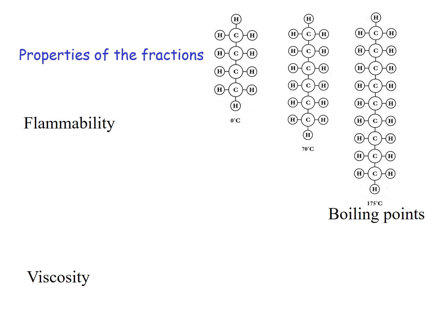And as you can see, the shorter the chain, the lower the boiling point. The one on the left has only got 4 carbons, that is butane. That has a boiling point of 0 degrees Celsius. And you can see that as the carbon chain gets longer, the boiling point increases. So the bigger the molecule, the higher the boiling point.